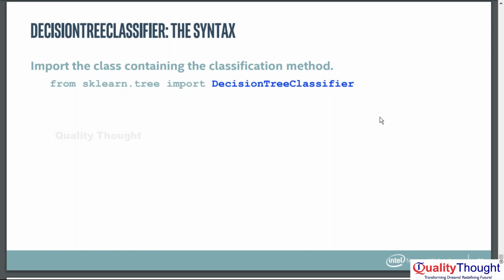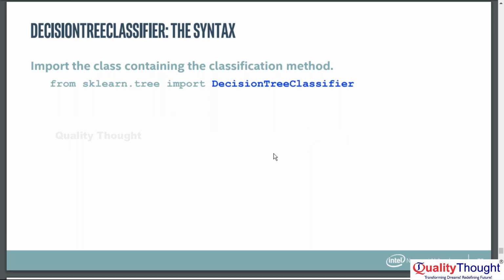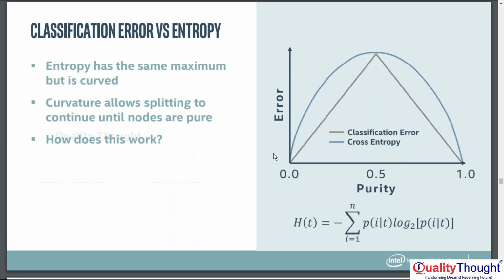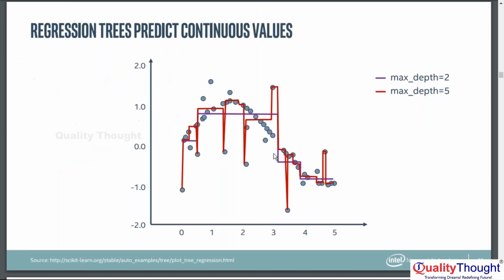The criterion, in our earlier example, was entropy; here it is Gini, the Gini index, and you can go ahead with either one. Then there is maximum depth, which I already showed you, and maximum features, based upon how many features you are going to involve in the current problem scenario. Here you can clearly observe the depth understanding about the data: the more depth, the more coverage of the data.